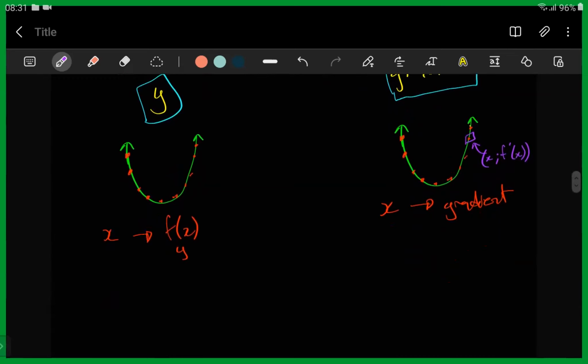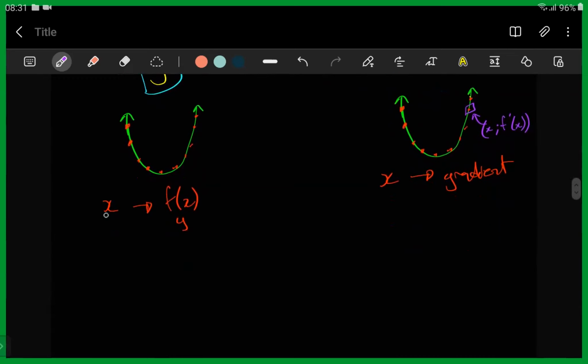As an example, if we have an equation y is equal to 3x squared, let me just put f of x, since we're dealing with f of x at the moment. Its first derivative would look like 6x.